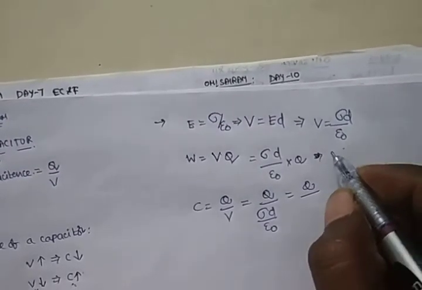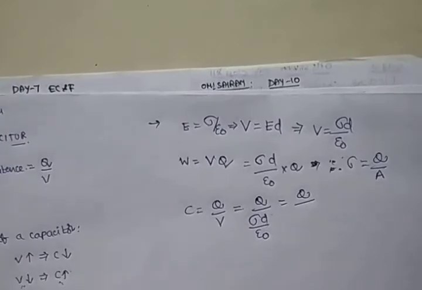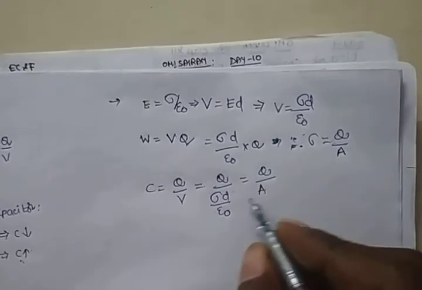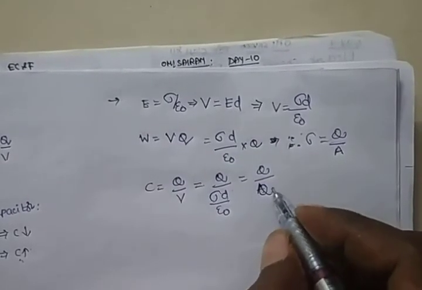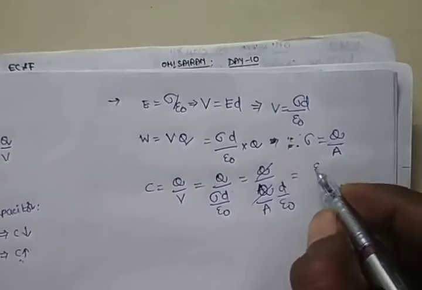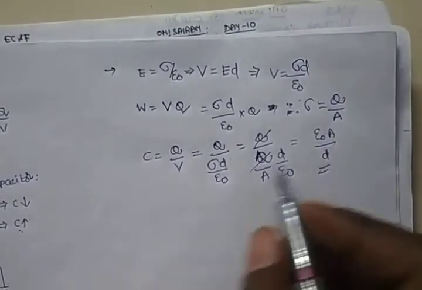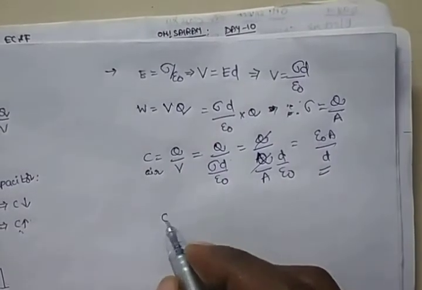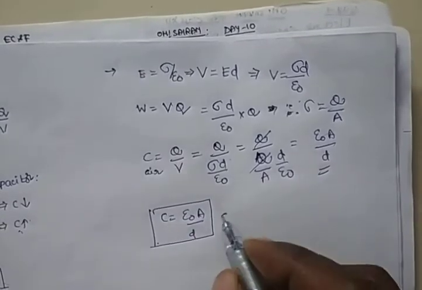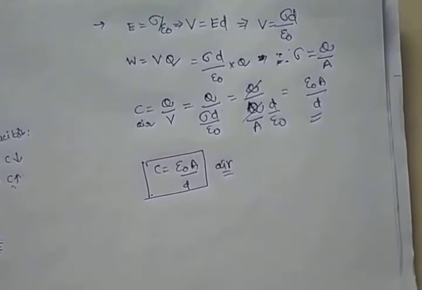Here sigma is the surface charge density, the ratio of charge to area, so Q by A. This gives Q by A times D by epsilon naught. Q gets cancelled, and you get epsilon naught A by D. This epsilon naught A by D is the capacitance of a capacitor when air is present between the plates.